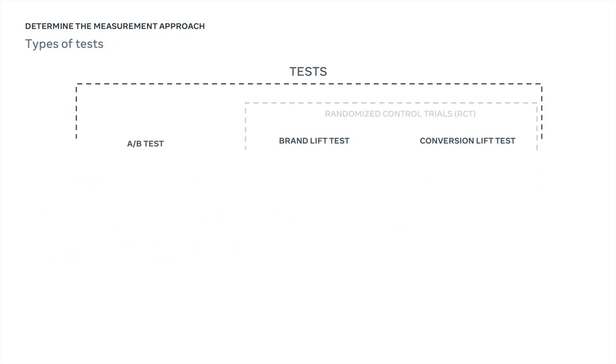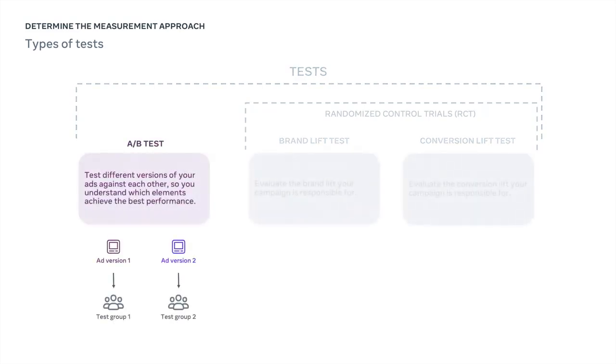There are 3 types of tests we discuss here: A/B tests, brand lift tests, and conversion lift tests. Let's explore when to use each and their different limitations. First is the A/B test.